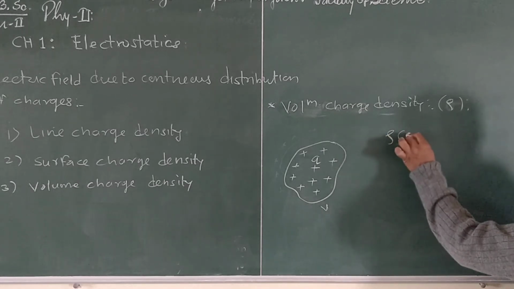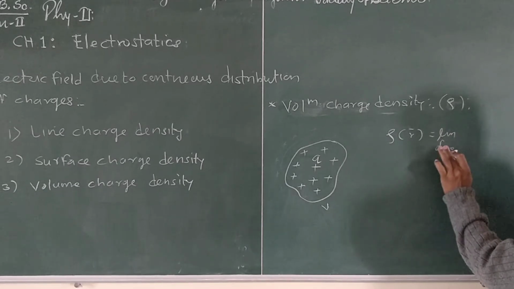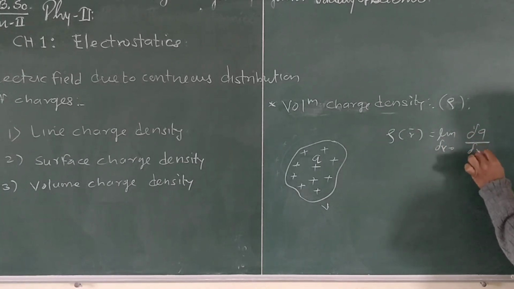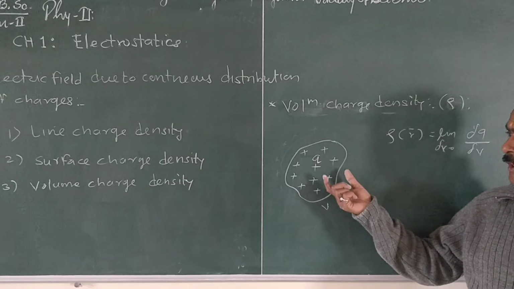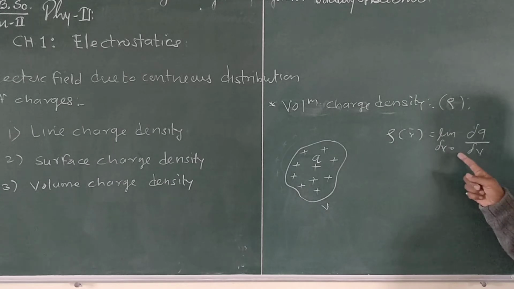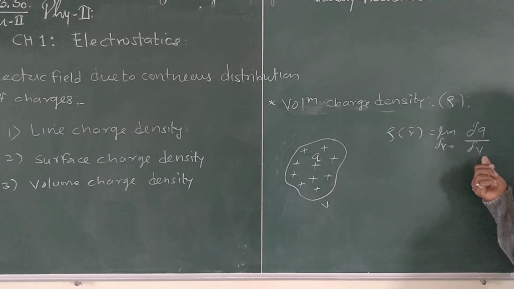Therefore, write this formula: rho of r equals limit delta V tends to 0 of delta Q upon delta V, because here is continuous distribution of charges within the volume V. In other words, volume charge density is the charge per unit volume, or the ratio of charge to volume.